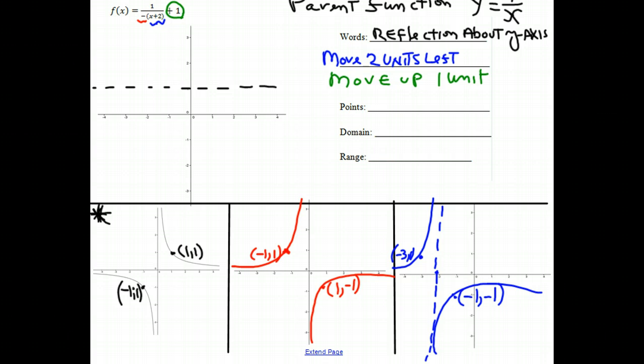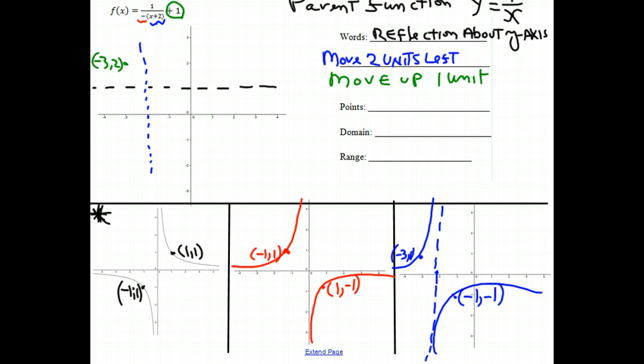And remember, we also still have our asymptote at negative 2. So we will put the asymptote at negative 2. That's still there. And since everything moved up 1 unit, we have to move those 2 points up 1 unit. So our point at negative 3, 1 now moves up to negative 3, 2. And that's right there.